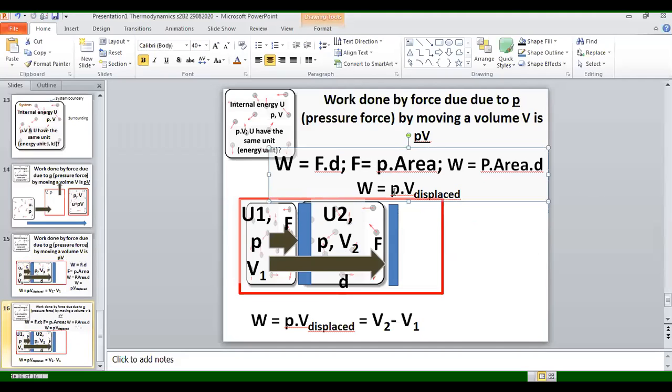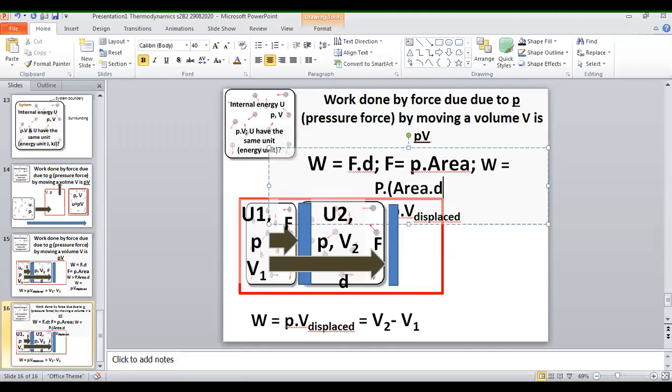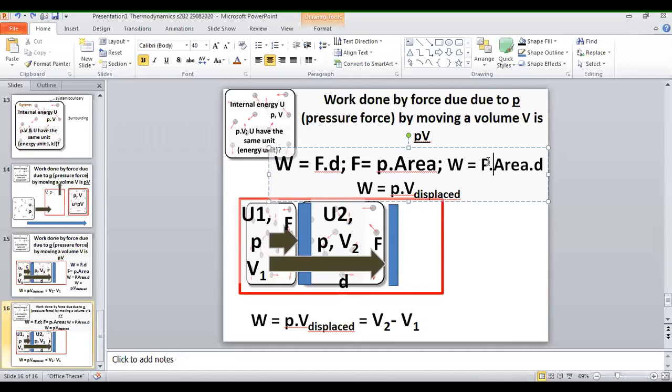So W is pressure times area times D, and area is the piston area.